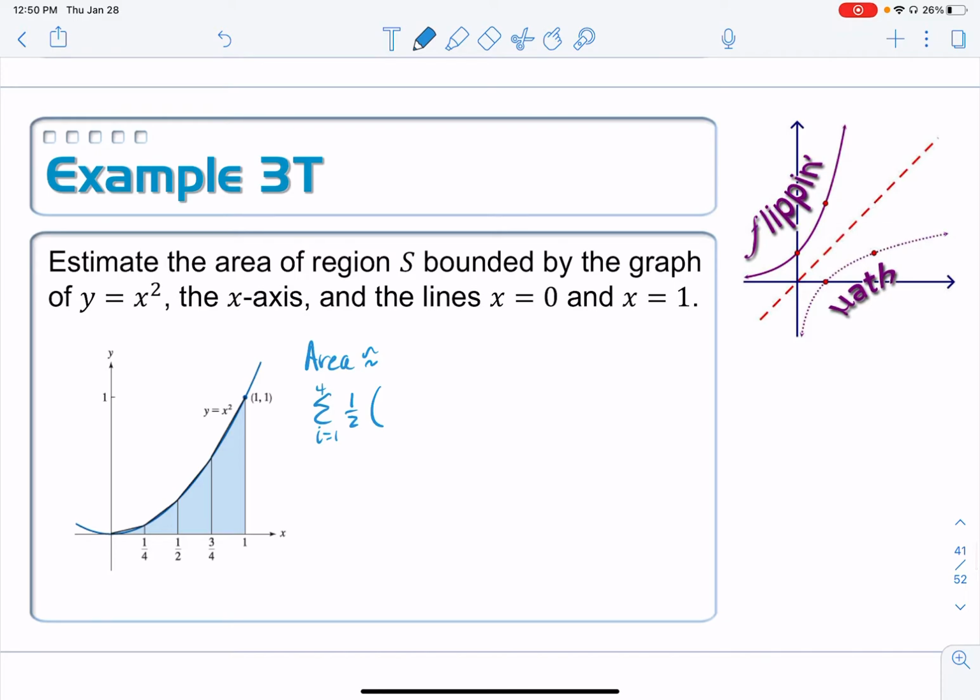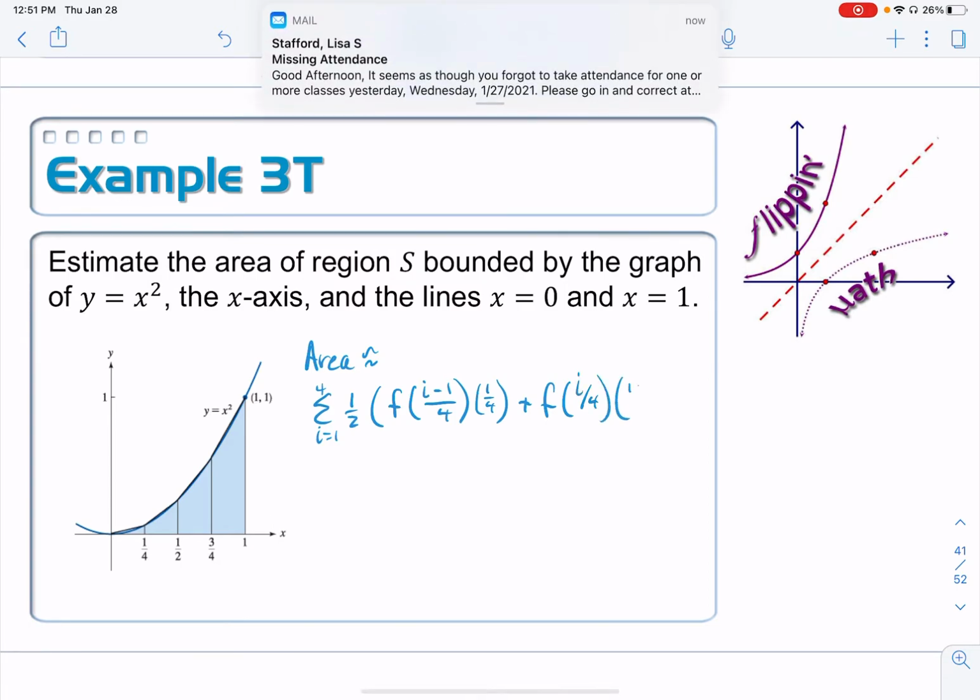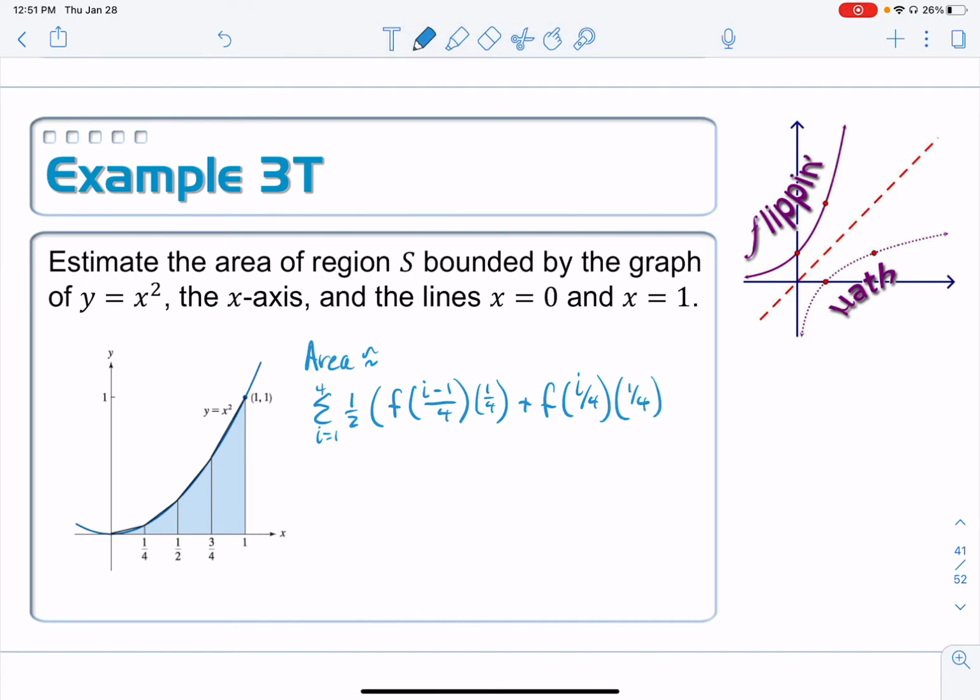So I need a function value, and for the left side, I think it was f of (i minus 1) divided by 4, and then we would multiply that times its width, and its width was a fourth, plus f of the right Riemann sum, which was simply i over 4, also multiplied times its width of 1/4.